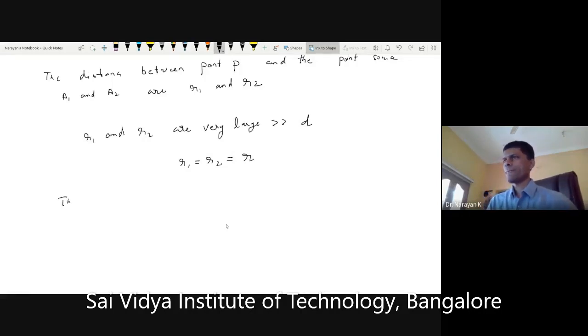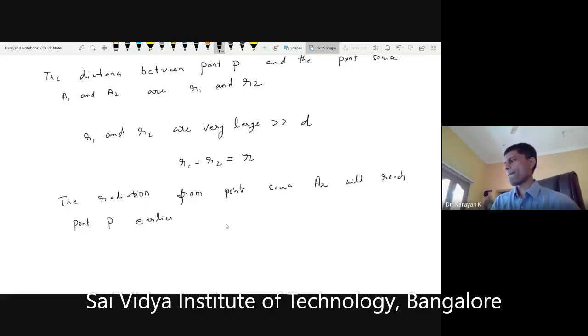The radiation from point source A2 will reach point P earlier than from point source A1 because of path difference.